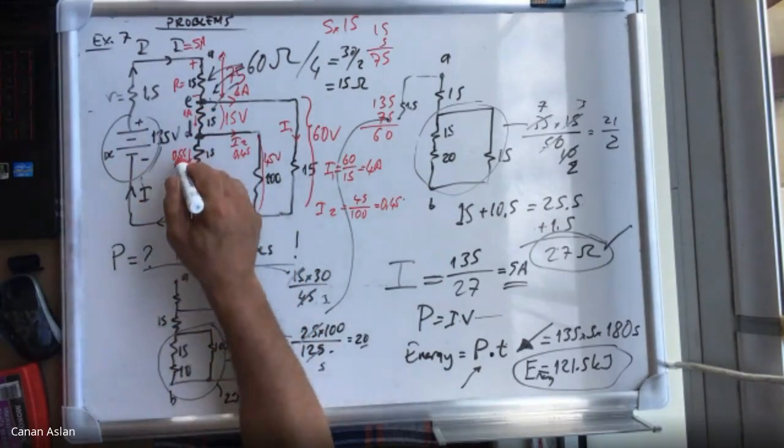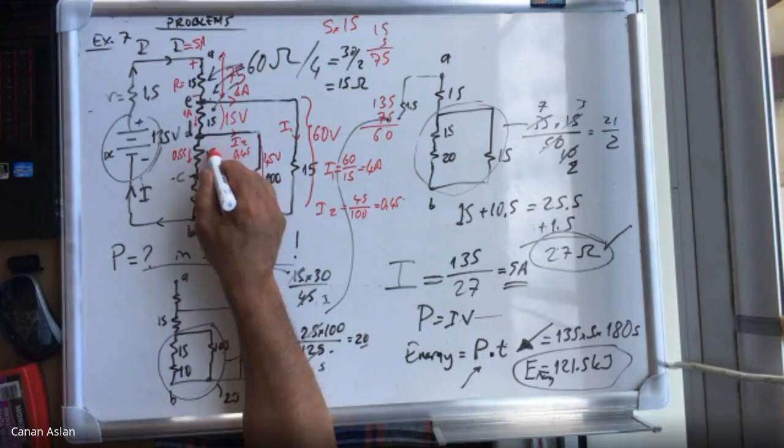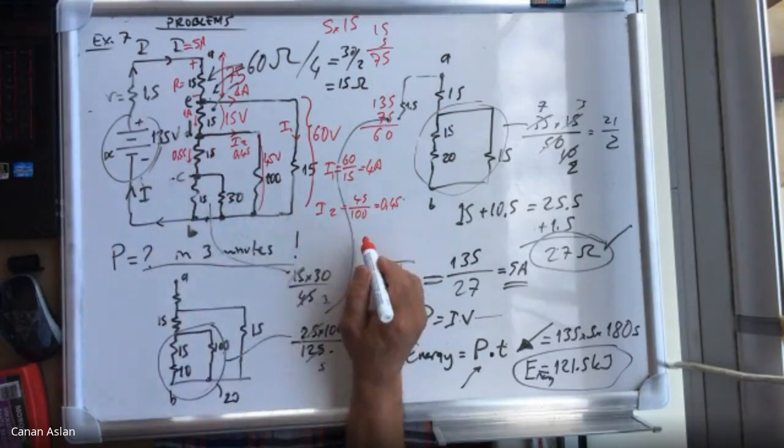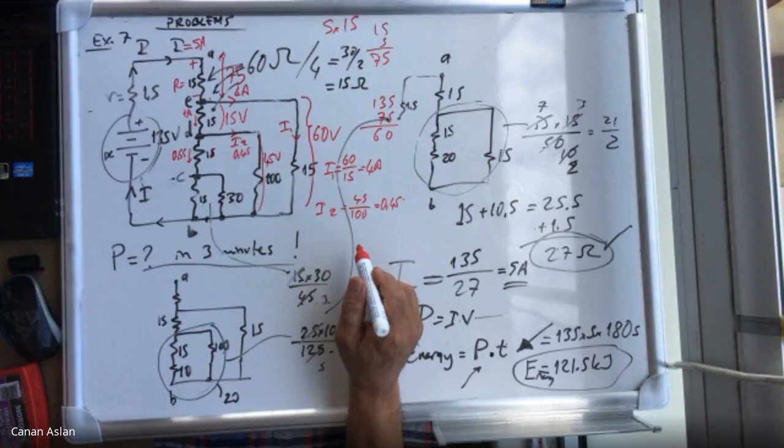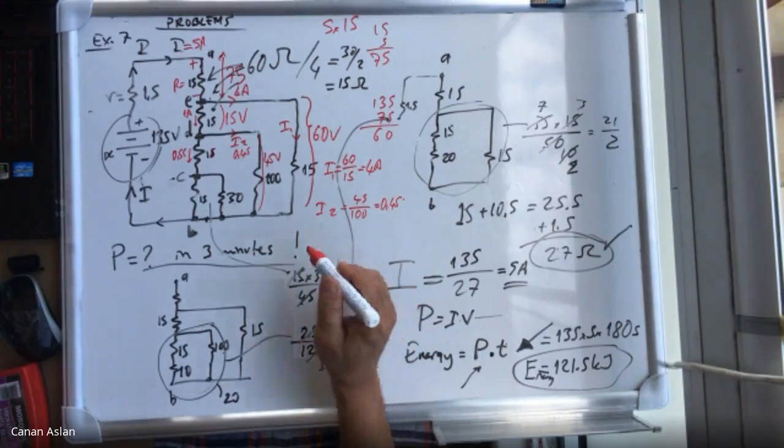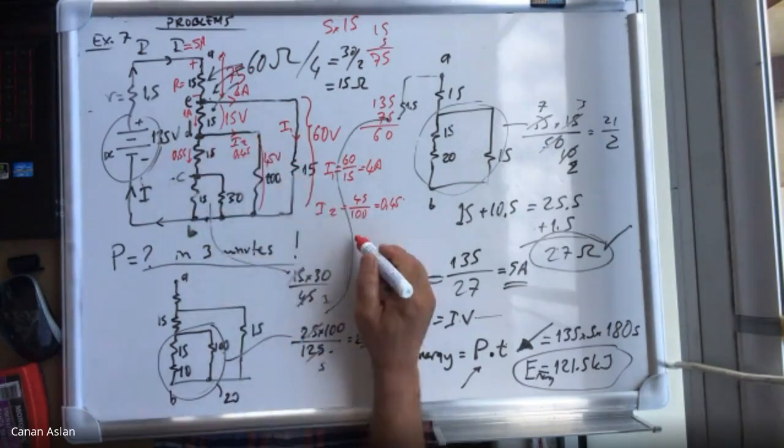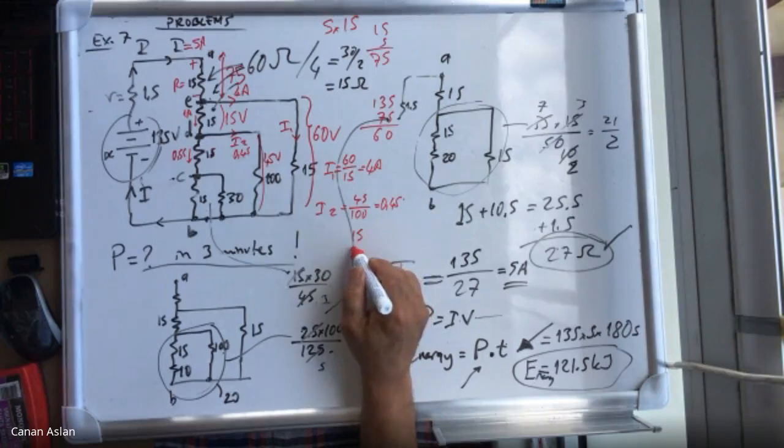So if this is 0.55 multiplied by 15, what do you get? Around 7.5, 7.6 something. So, 15 times 0.55.